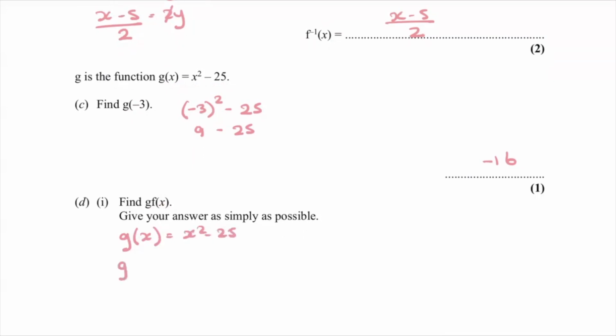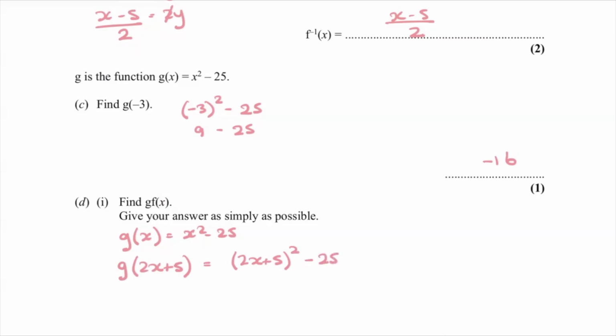I'm then going to drop f of x into that function. And now everywhere there's an x, and in this particular question, there's just the one here, I will replace it with 2x plus 5. Now, all of that replaces the x, which is squared.